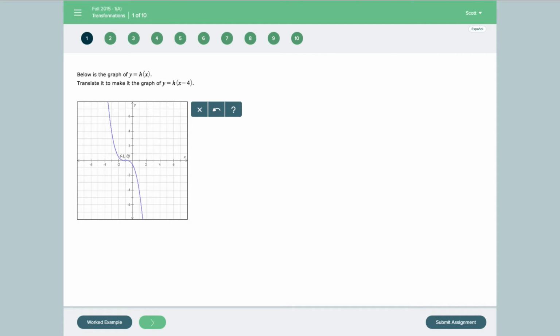So let's see what we've got to do here. Right here it wants us to go minus 4. It's inside, so we're moving right or left. And we remember plus or minus. The way that I remember it is I always say, hey, it's always plus or minus. And I write it in that format, plus, minus. That tells me that plus goes that way and minus goes that way.